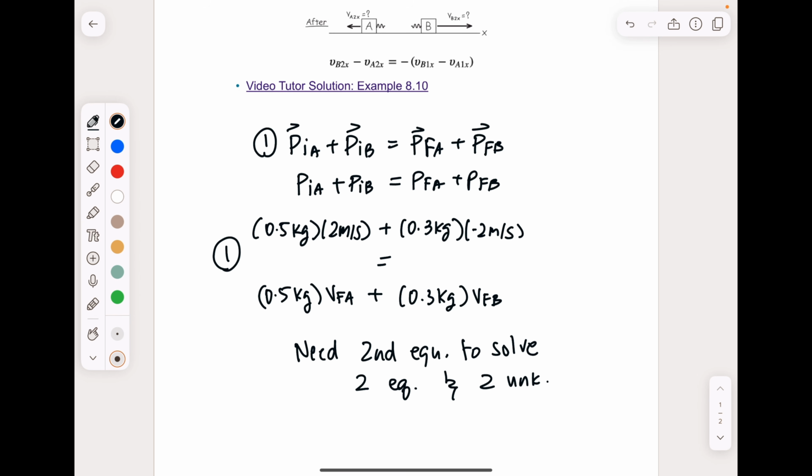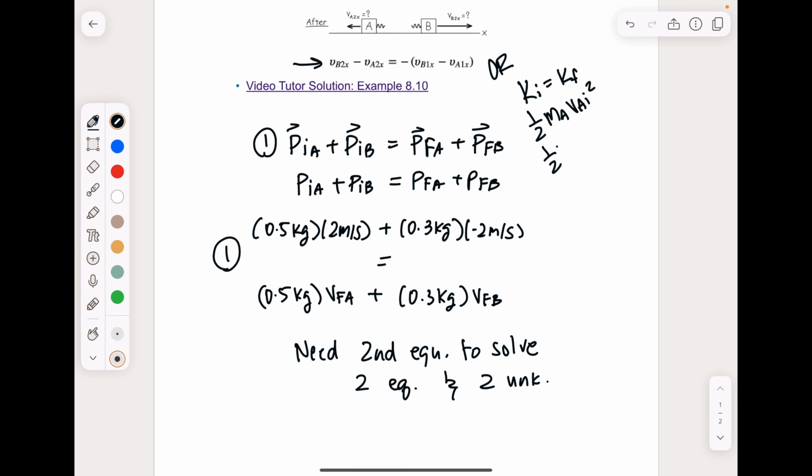Hint, hint, we're going to use the relative velocity relationship. Now, there is another second equation that you could use. Because this is an elastic collision, you could use the conservation of kinetic energy. It's totally valid. Actually, I already did it, and I'll show you the algebra that's involved.